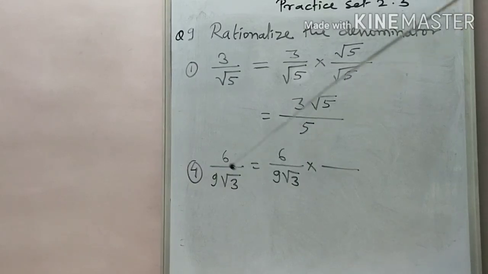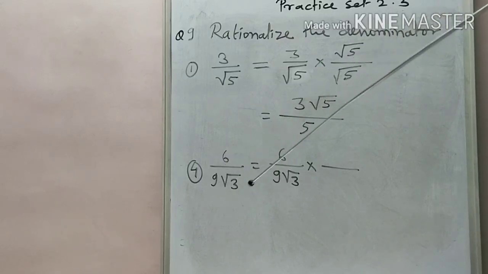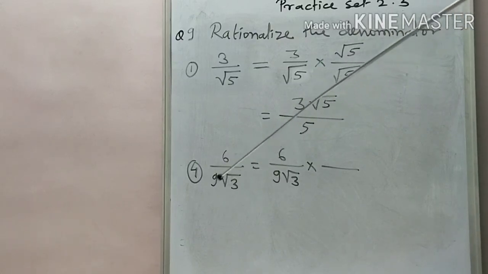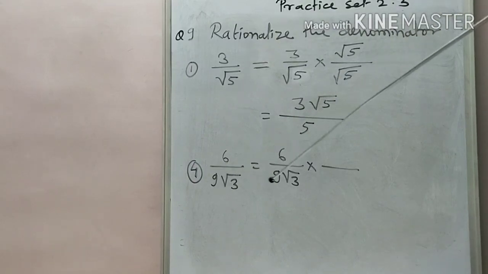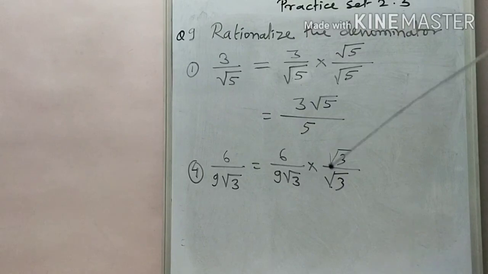Now we try the fourth one, 6 upon 9 root 3. Here again the denominator is 9 root 3, an irrational number, and we have to rationalize it. Here root 3 we have to convert into a rational number, and hence we multiply both numerator and denominator by root 3 itself.